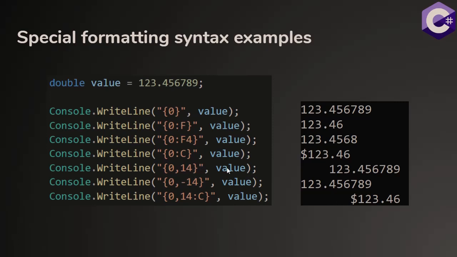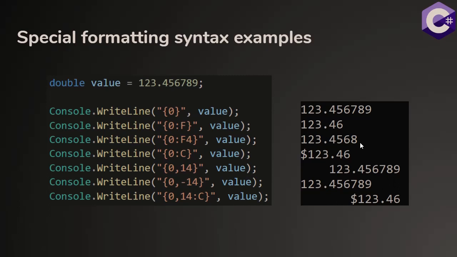0,14. Here what we are doing is we are reserving 14 characters. If I were to count 1, 2, 3, 4, 5, 6, 7, 8, 9, 10, 11, 12, 13, 14. 14 characters were reserved and I inserted my value into that space right justified. Negative 14 inserts it into that value left justified.